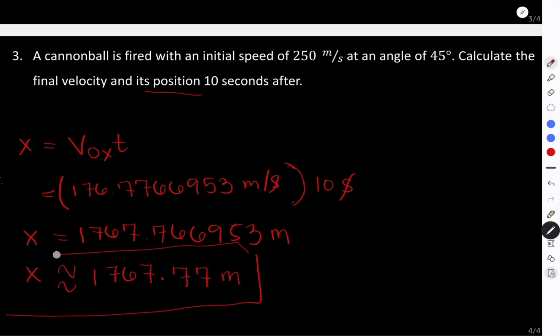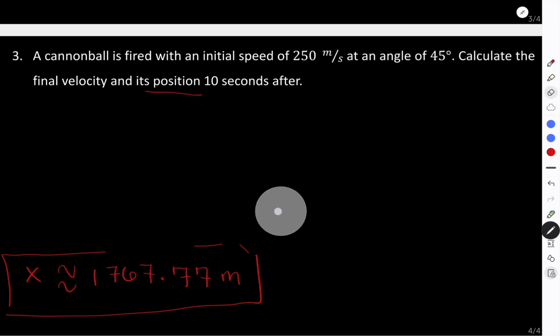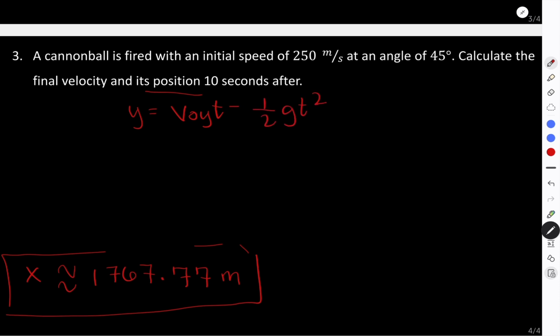That's the position on the x-axis. Now for y, we come up with initial velocity in the y component multiplied by the time, minus one half g t squared, which we could simply write as 0.5 gravity times time squared, correct?